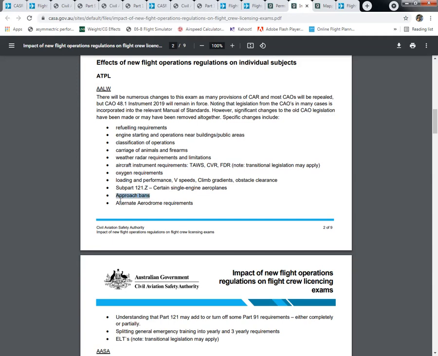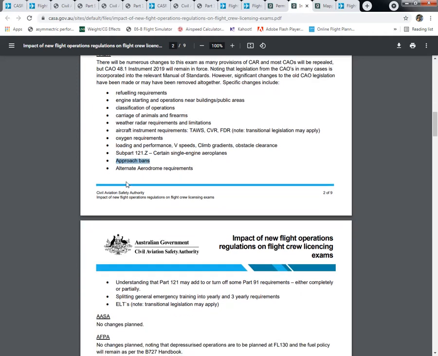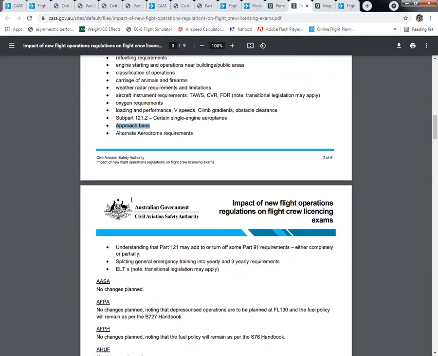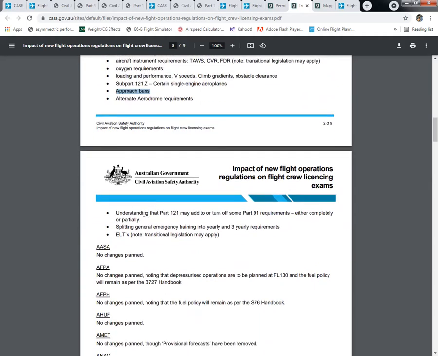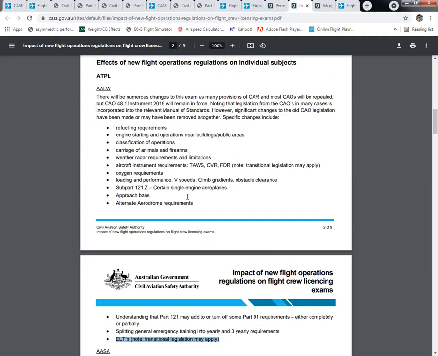If the RVR is consistently down below the minimum for the approach, you can't even commence an approach. And a few little changes of alternates. But yeah, 121 overrides some of the 91 requirements, either partially or completely. And ELTs, there's some changes as well. So it's not catastrophic, but there's significant changes to law, which I've been writing new questions about. And it's a similar amount of differences to CPL law as well.